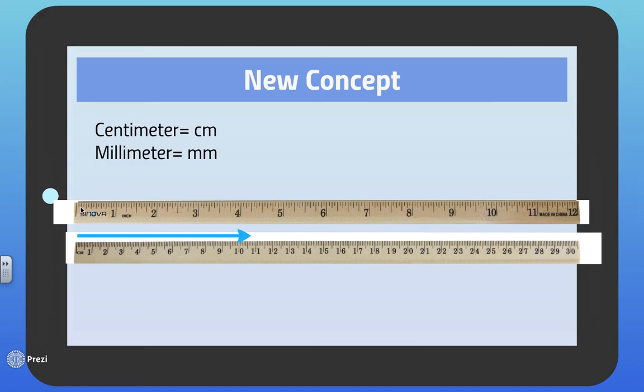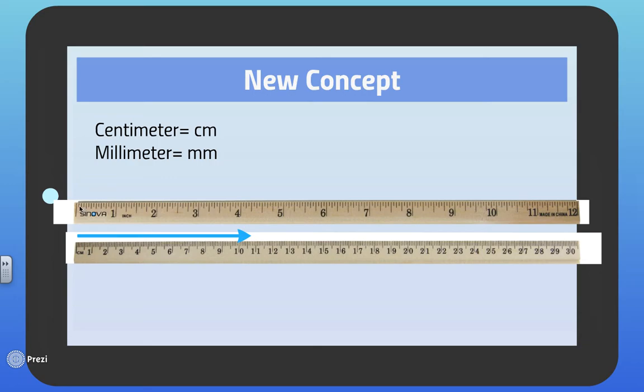Inches usually are not divided into tenths. Rather, they're divided into halves, fourths, eighths, sixteenths, and so on. When we abbreviate the word inch, we use IN. And see, if you look at this ruler, the inches are divided up into different parts, right?